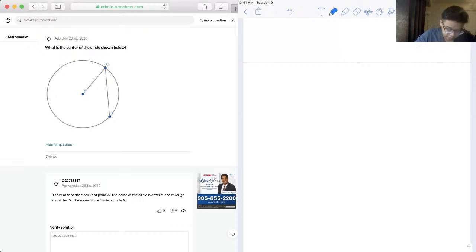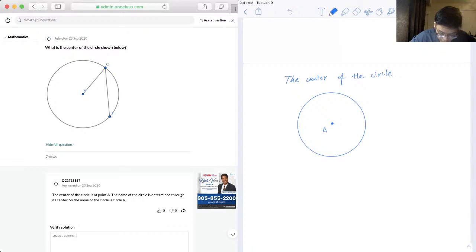Okay, our next question. It asks us the center of this circle. Copy down the graph first. E, C, B. Okay.